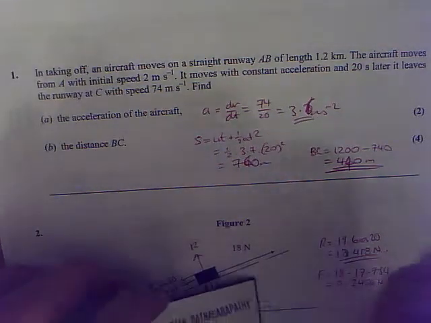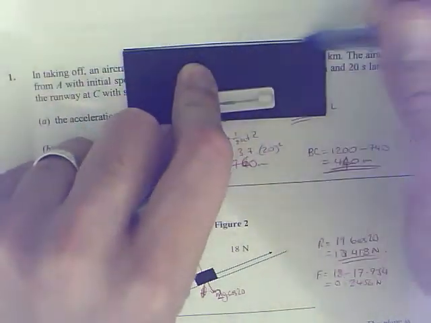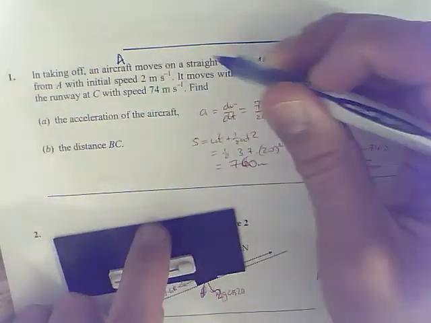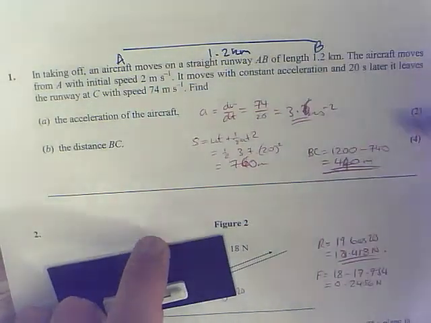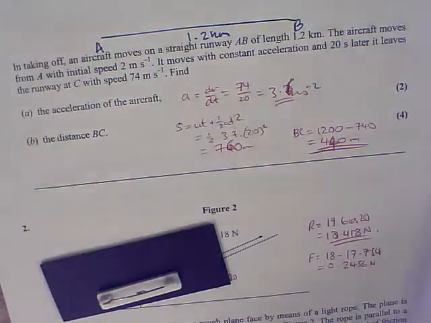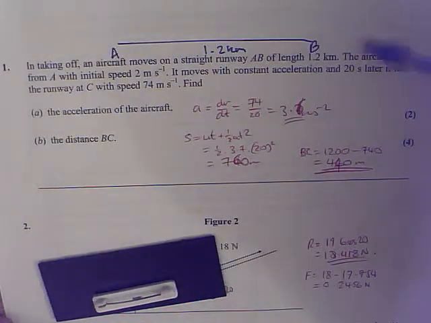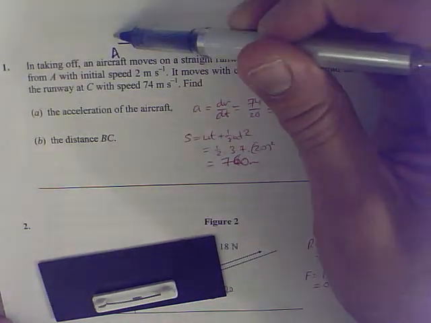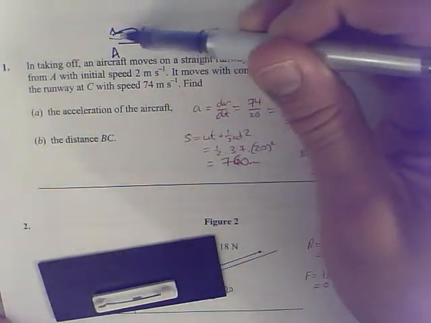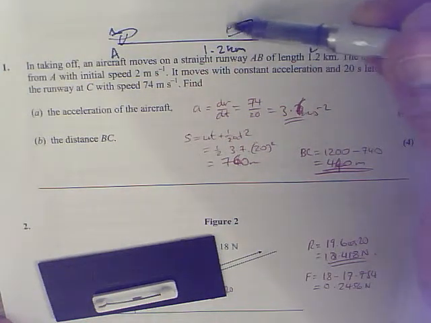There's an issue here because you've got the runway, which is AB, and A to B is 1.2 kilometers. But I think that the way in which the lettering was done made it slightly confusing because you have to be very careful here. The aircraft starts at A, and at some point will take off.